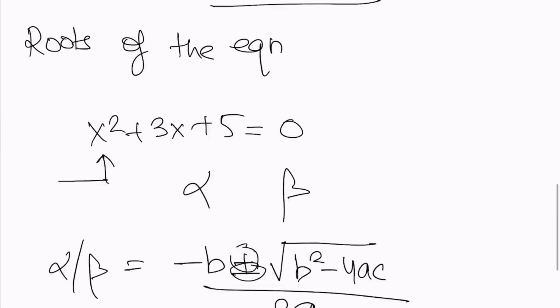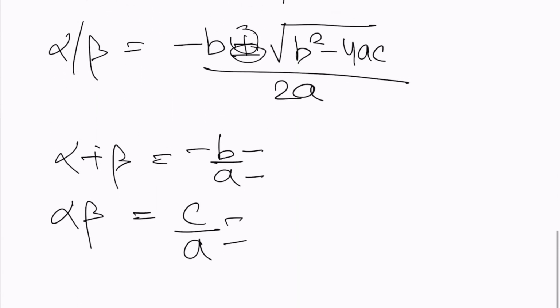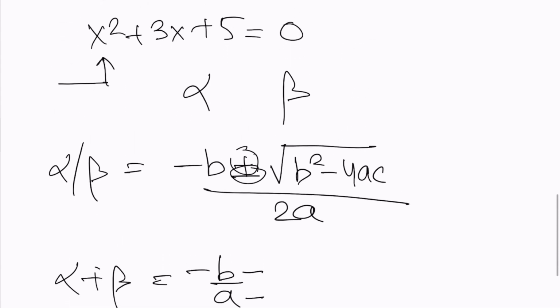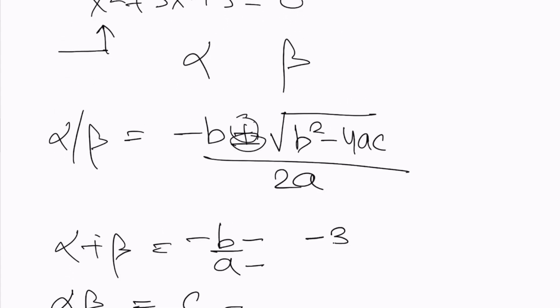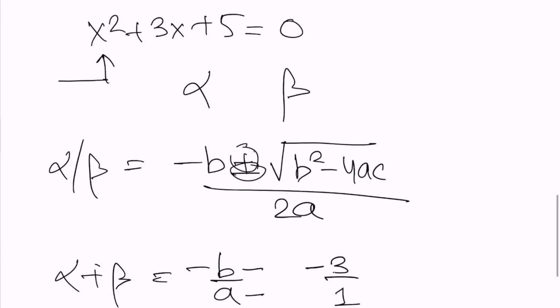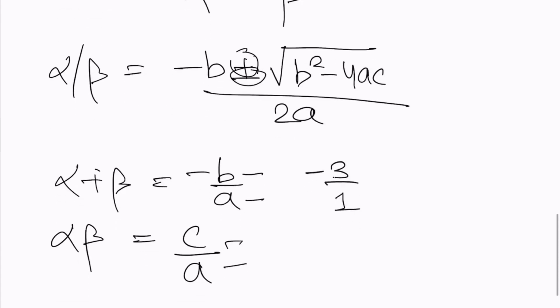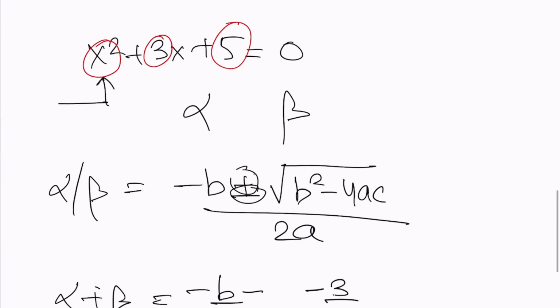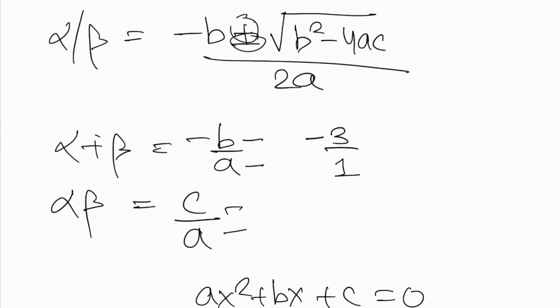This is for the regular way of writing a quadratic equation, which is ax squared plus bx plus c equal to 0. So in this case, alpha plus beta will be minus 3 by 1, as you can see here. And similarly, c by a will be 5 by 1. Okay.